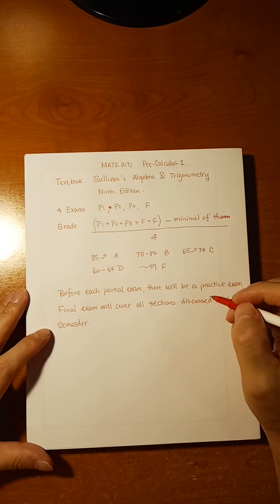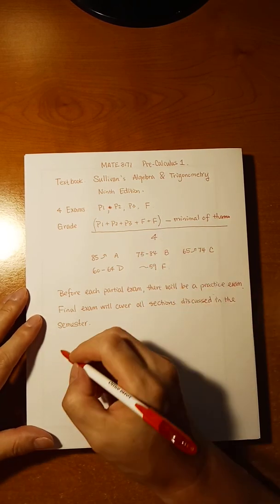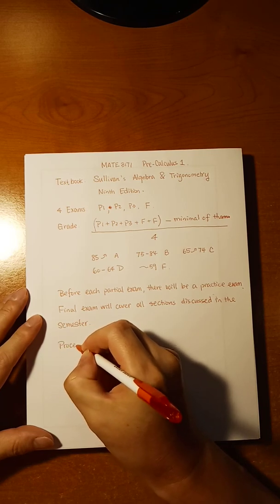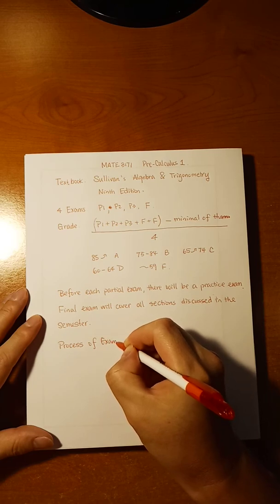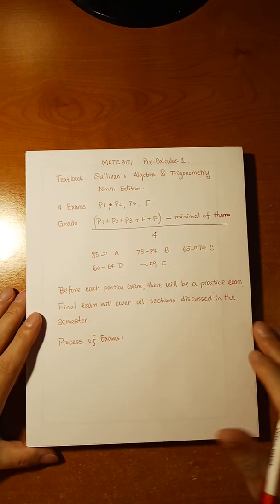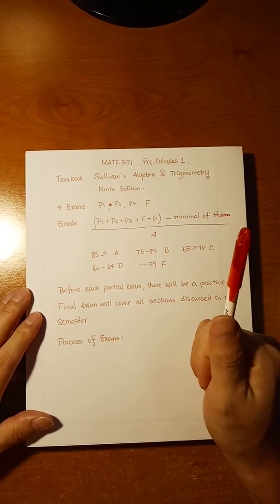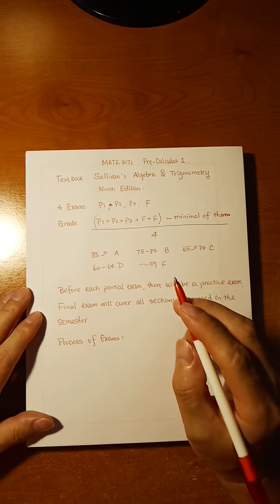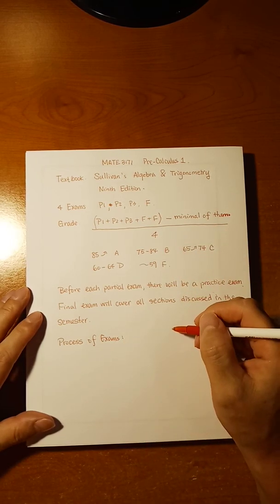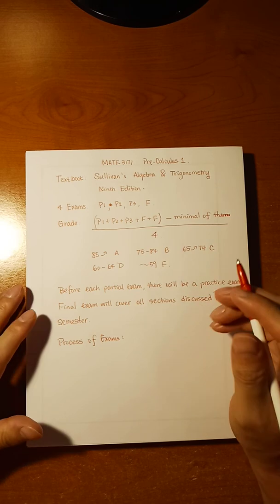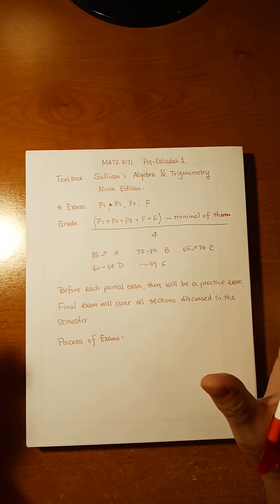And for the partial exams and the final exam, here is the process. The exam will be delivered through your university email 10 minutes before the exam hour, and you're supposed to turn on your microphone and your camera.